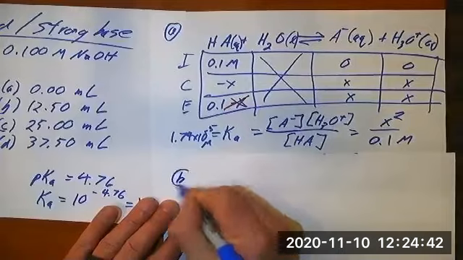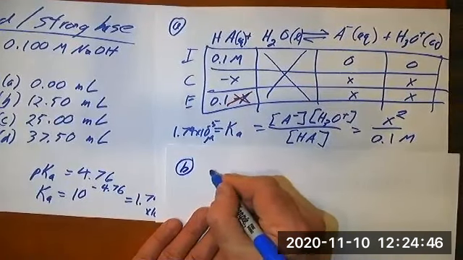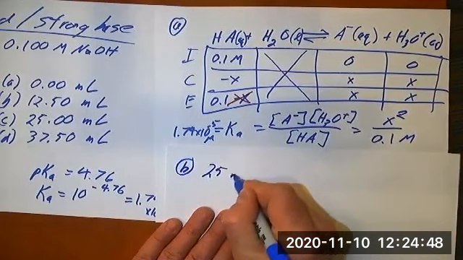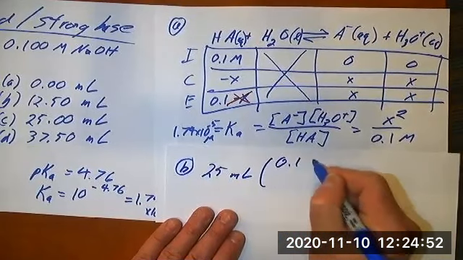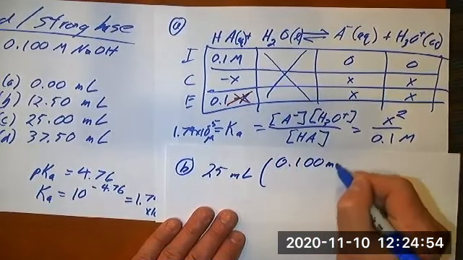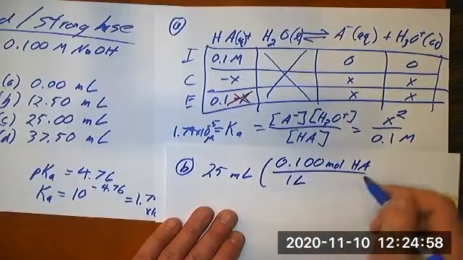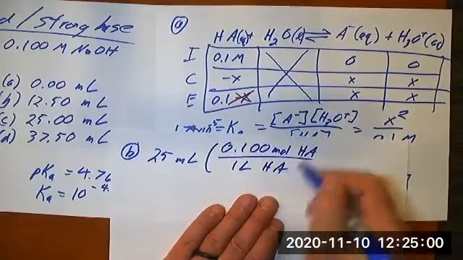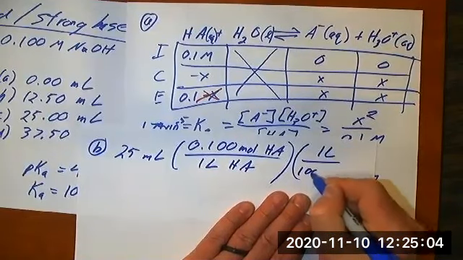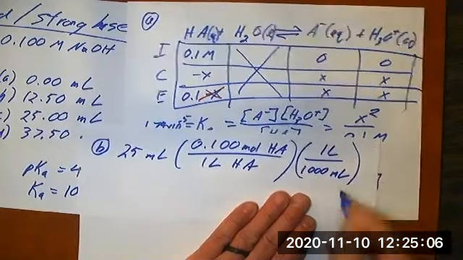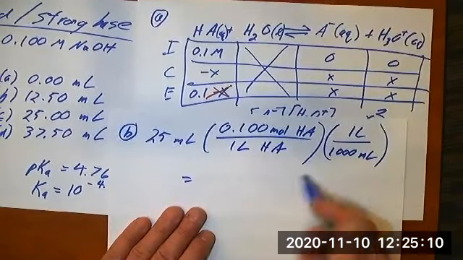So let's figure out how much we have. We have 25 milliliters with a concentration of 0.100 mole of the HA over 1 liter of the HA. 1 liter is 1,000 milliliters. And so this is the same set of numbers we used before.